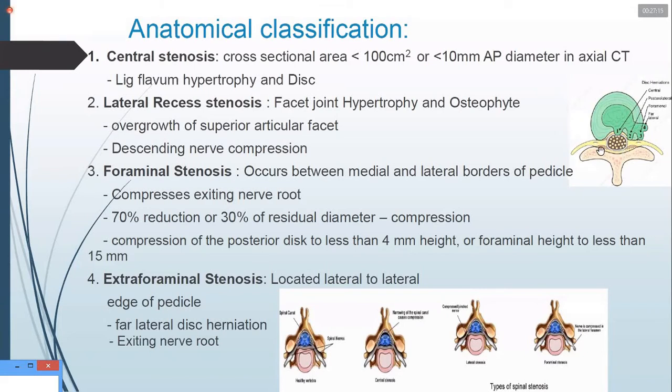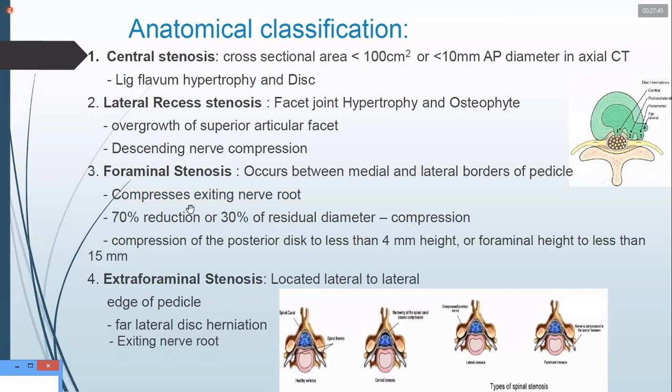And there is lateral, like in this number 2 here, in this picture also, where on the lateral aspect the descending nerve compression occurs.